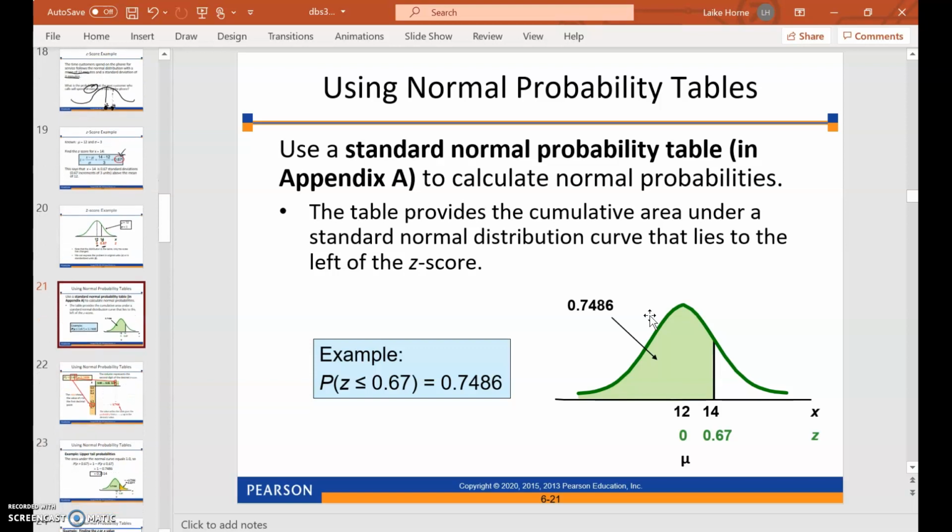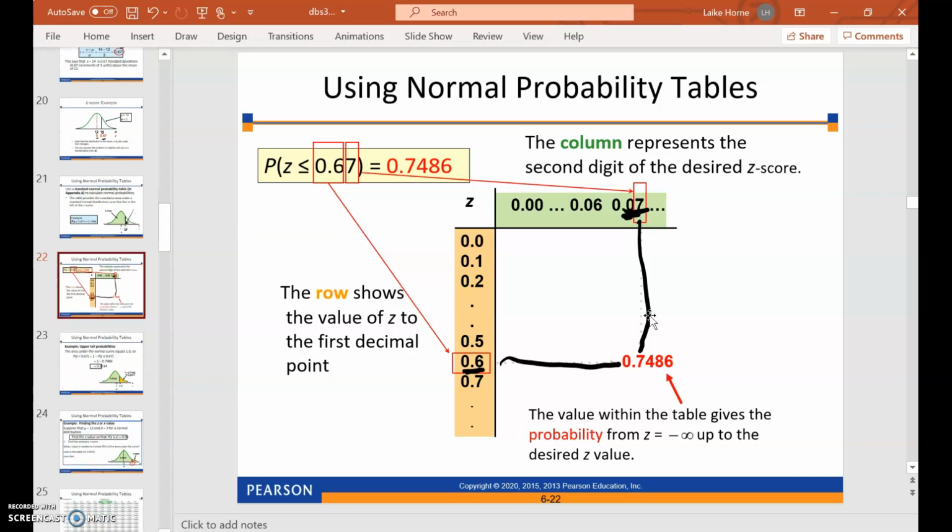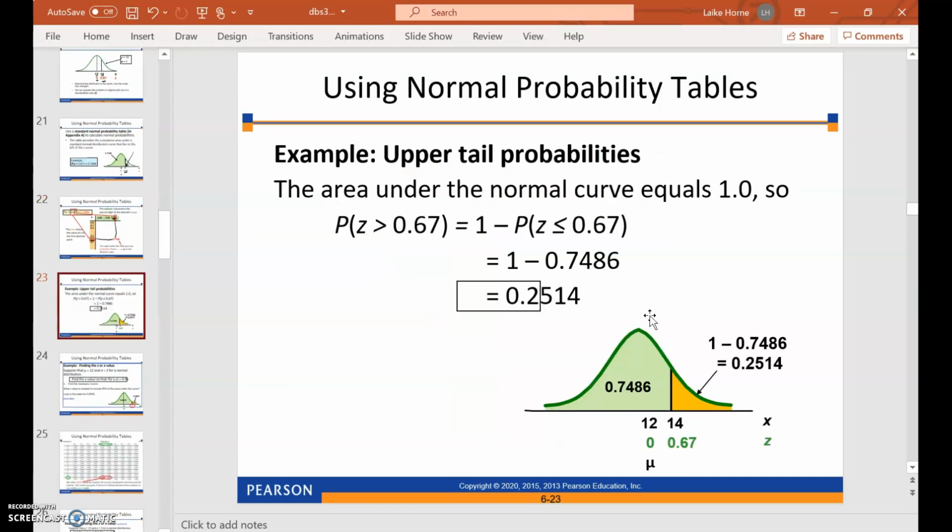Okay, so if you use your table, and I'm going to show you how to do that, and you wanted to know the probability of it being less than or equal to 14, you're going to look at the table, which is going to be cumulative, but you're going to look up for a z value of 0.67. So you're going to go to your table and you're going to find 0.67 on your table, and it will give you the probability up to that point, so it's cumulative.